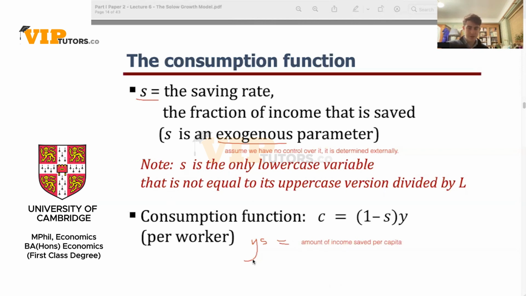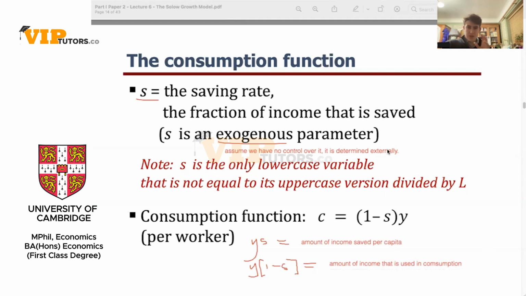And then the remainder, which is going to be y times 1 minus s, that is, of course, going to be the amount of income that is consumed, used in consumption, let's say. So that's our next one.